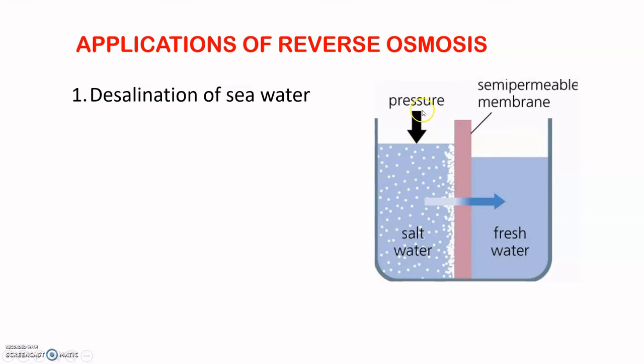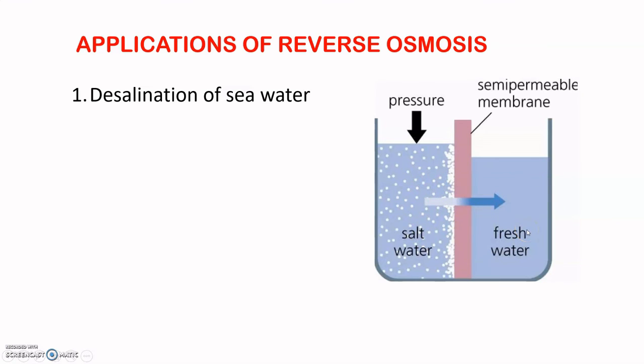You apply pressure on the salt water side. What will happen? Only water molecules will move from salt water to the freshwater side, and all the salt particles and other pollutants or minerals present in seawater will be left behind, and only pure water will pass through.